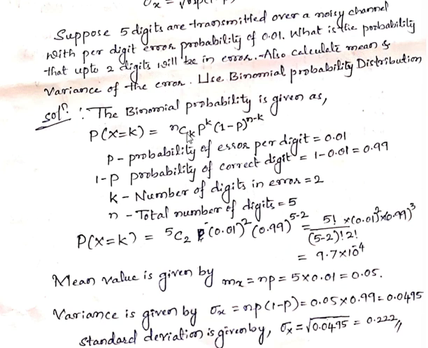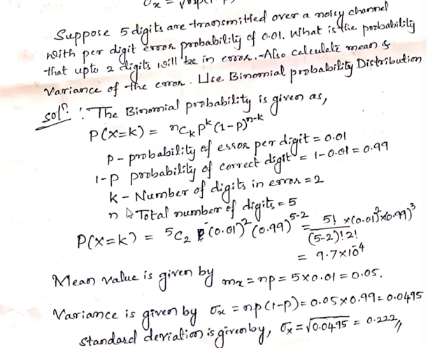For this, the binomial probability is given by P_X(k), which is equal to nCk p raised to k, (1 minus p) raised to n minus k, where p is the probability of error per digit. 1 minus p would be the probability of a correct digit, as this is error per digit. k is the number of digits in error and n is the total number of digits.